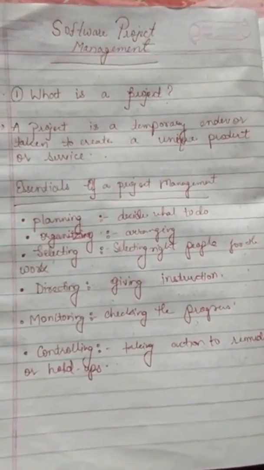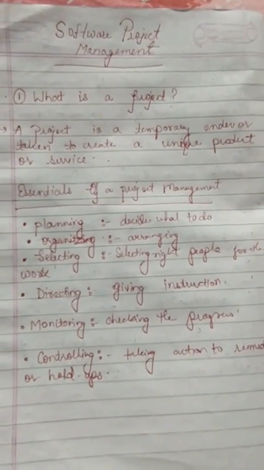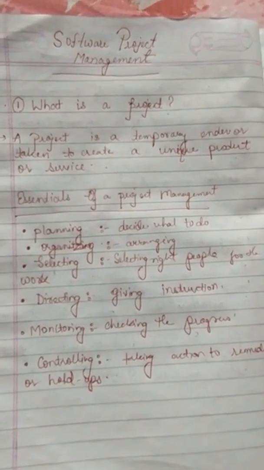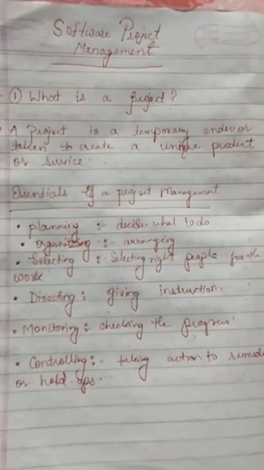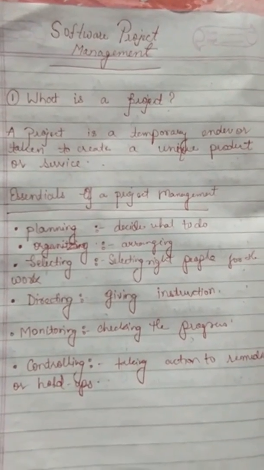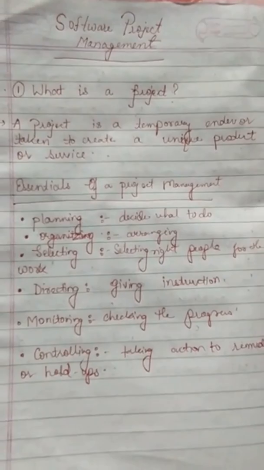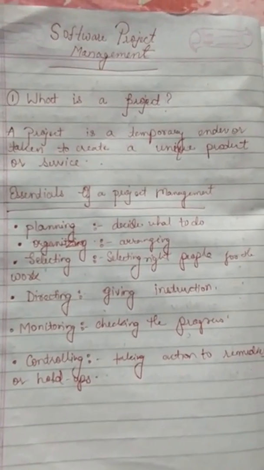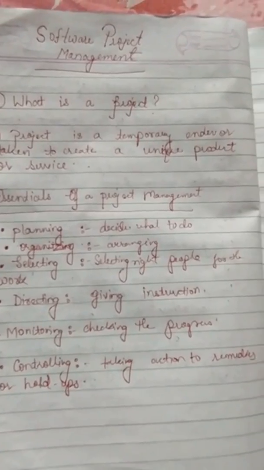Before starting, we need to understand what a project is, what the term project signifies. As it is written over here, a project is a temporary endeavor taken to create a unique product or service.